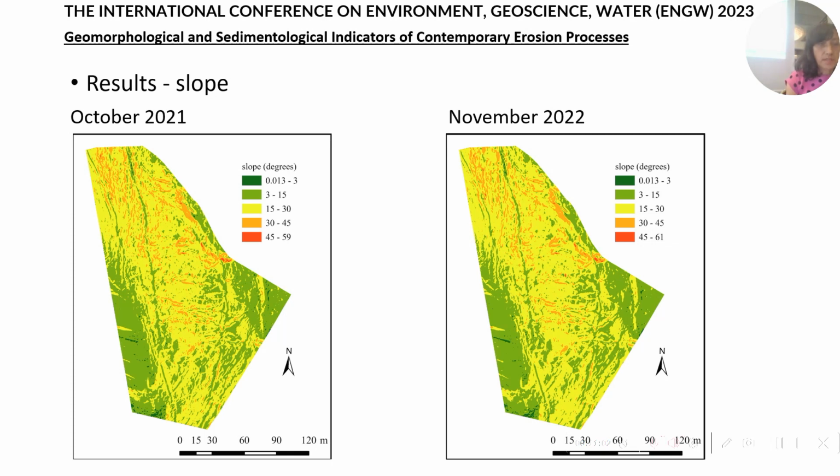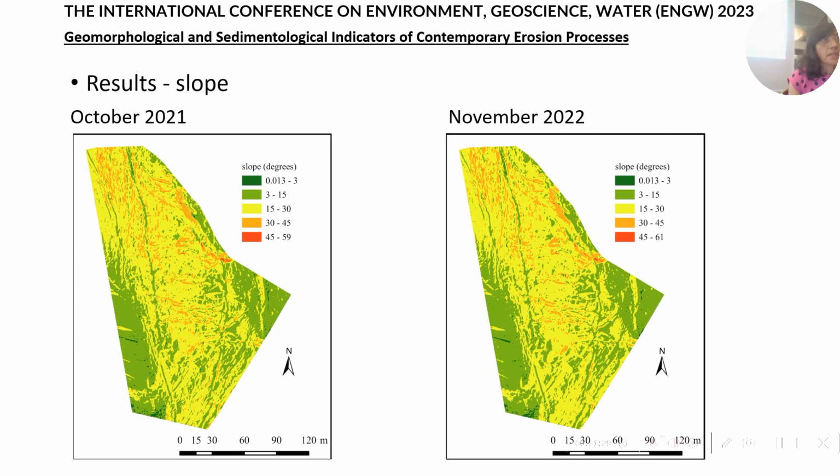Regarding the results, there are no visible changes in the surface of slope and topographic wetness index received from the data of both campaigns. The patterns of the changes in the slope are very similar.